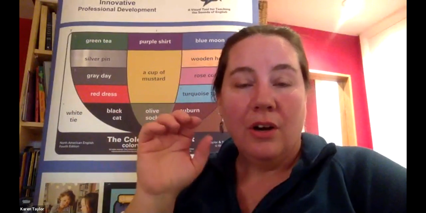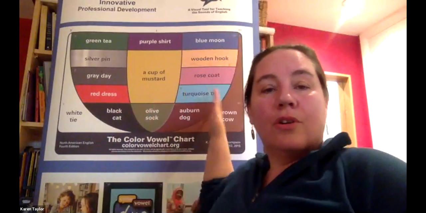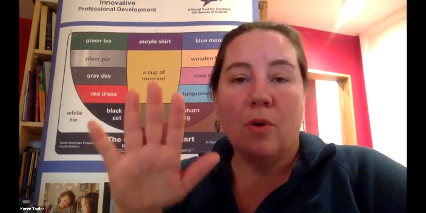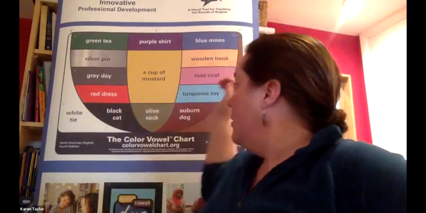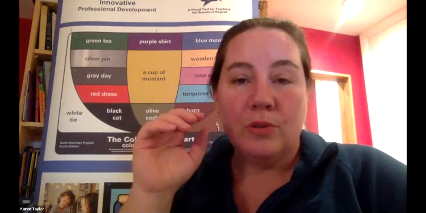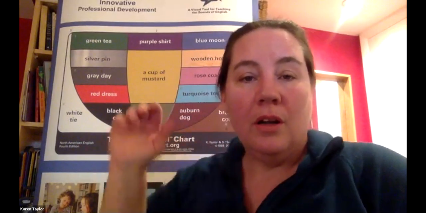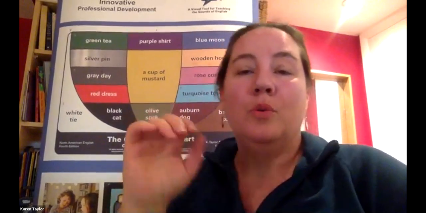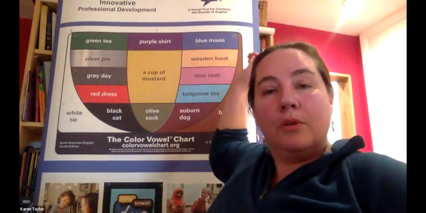Turquoise toy. Rose coat. Wooden hook. Blue moon.